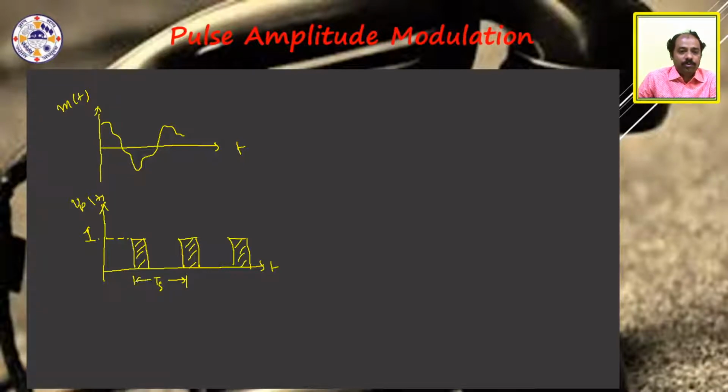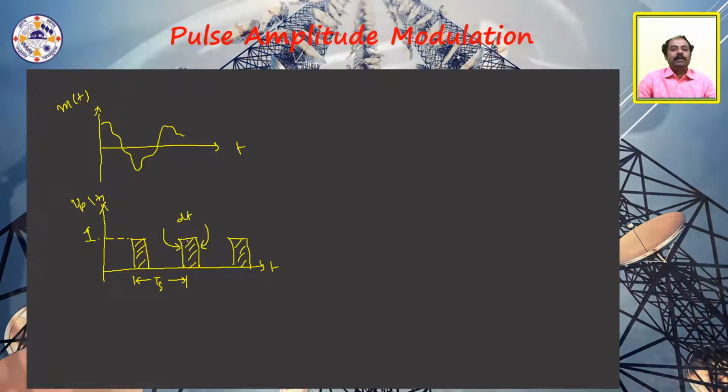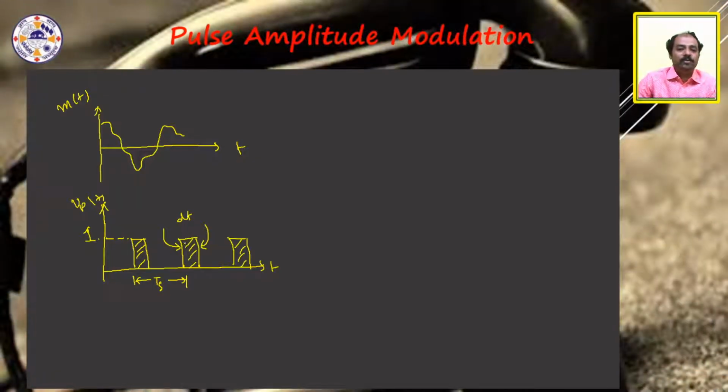Also the time period of the pulse is Ts instead of T0, which we considered earlier, and this is dt. Dt is the width of the pulse, which we earlier considered as tau.